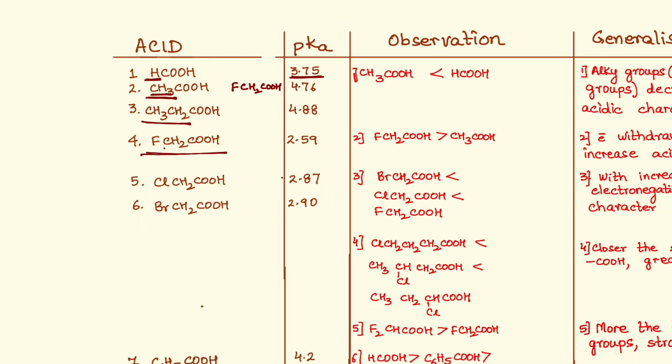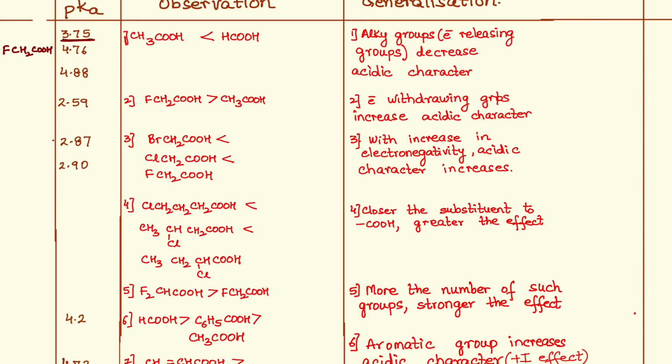So we can give the generalization over here that electron withdrawing groups actually increase the acidic character. So electron releasing groups, or in short sometimes also written as electron donating groups, EDG, decrease acidic character. EWG, increase acidic character.